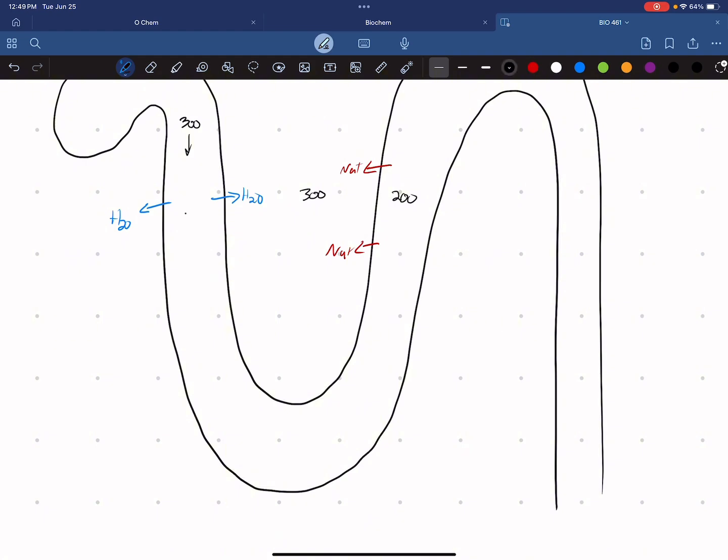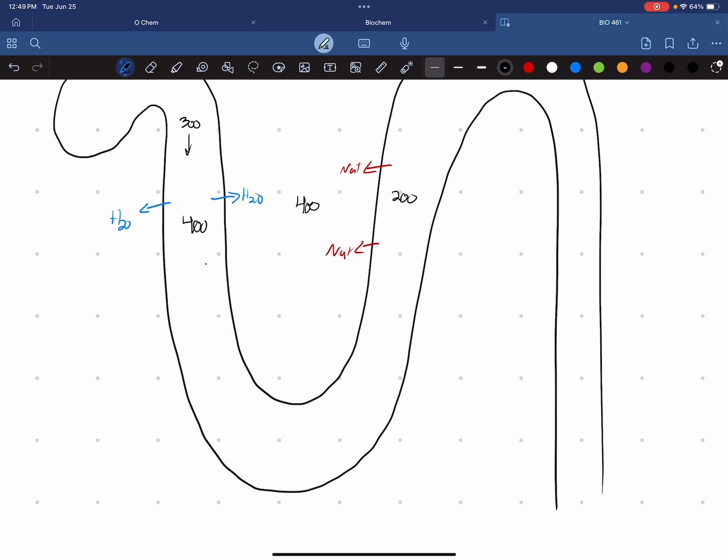And if this sodium leaves, that will increase the concentration on the outside. If we have an increased concentration here on the outside, then this water will leave the descending limb and cause an equilibrium to be reached at this end.